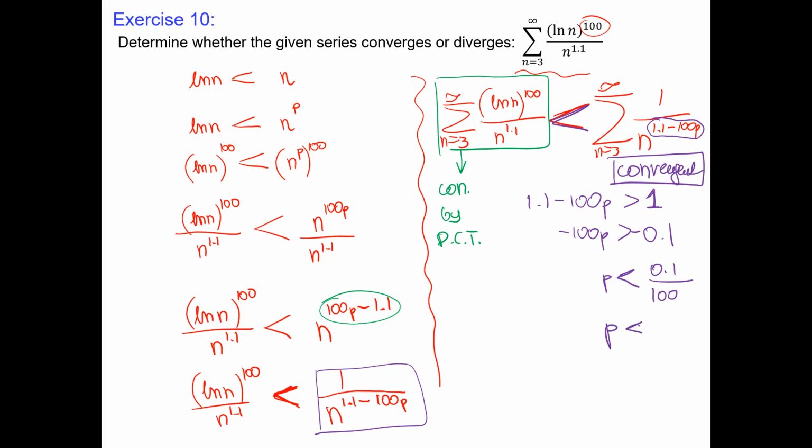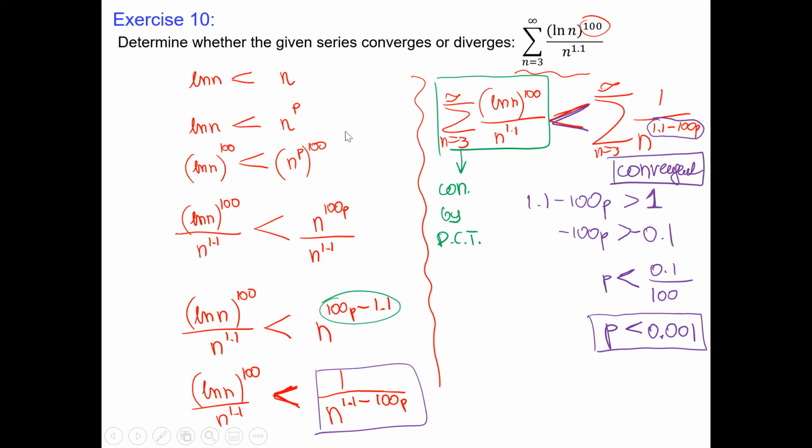That means p is any number less than 0.001. We may pick any small value less than 0.001. We can even pick 0.